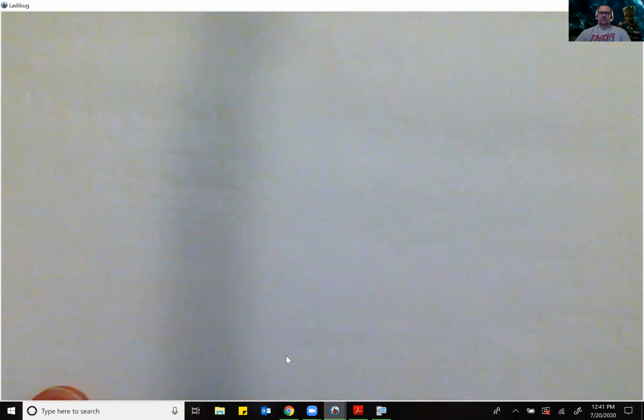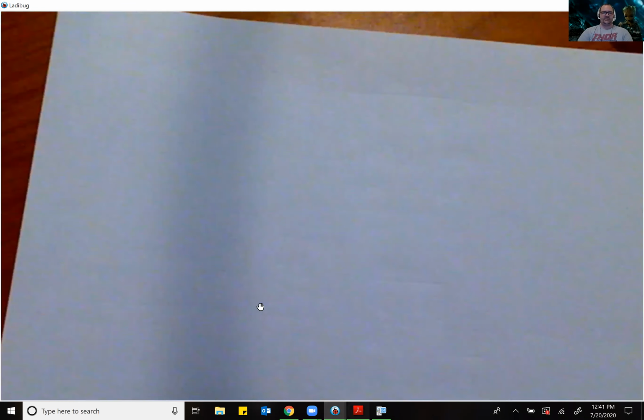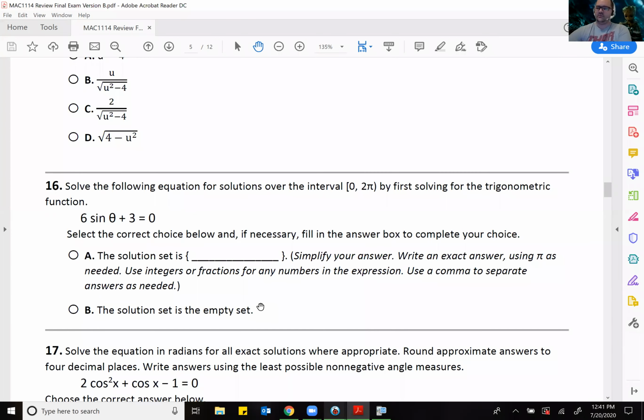All right, now we're going to move into 10.5 and 10.6 where we were solving. So number 16 is coming from 10.5. Okay, so 6 sine theta plus 3 equals 0.